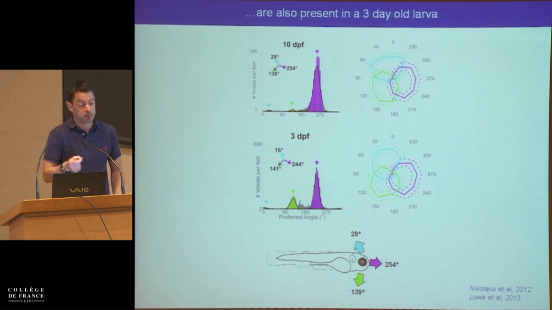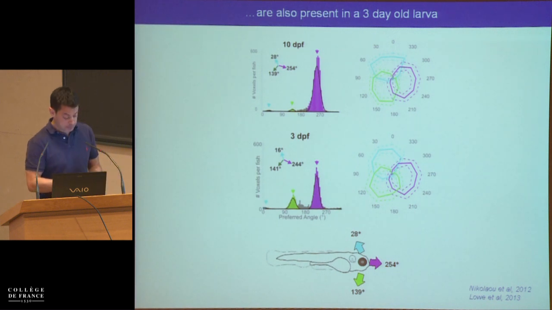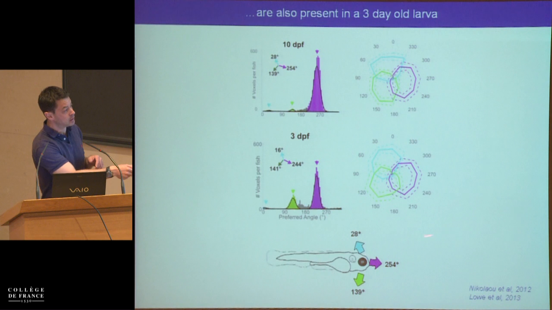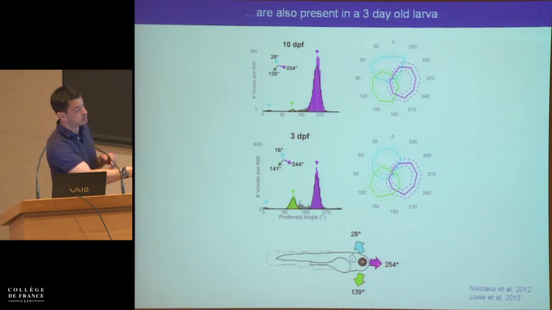So for the fish, presumably there's something very important about these direction selective cell types. And here's how the preferred directions of motion corresponded to the body axis of the fish. This is up, down, these are the small populations, and this is the major population. This is these guys here.